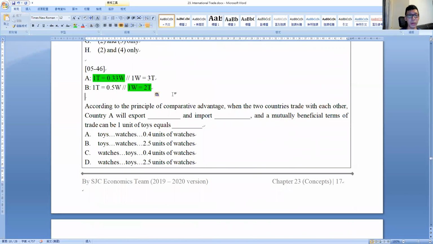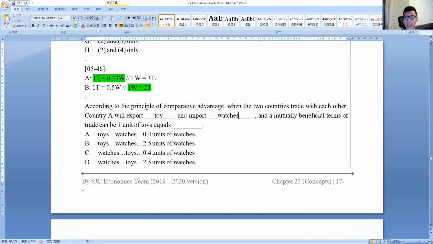Now, according to the principle of comparative advantage, what will country A export? Country A will export the thing that it has comparative advantage in, which would be toy in our case. And of course, they would import watches.